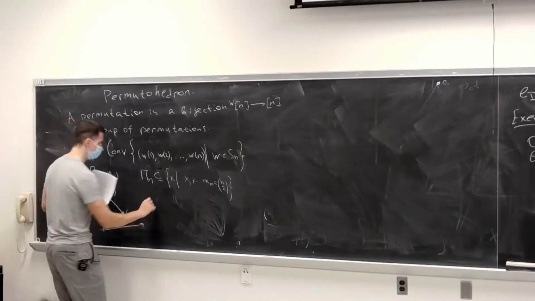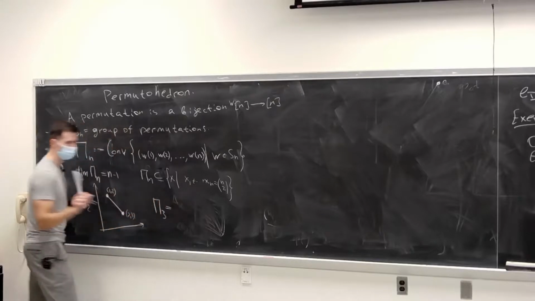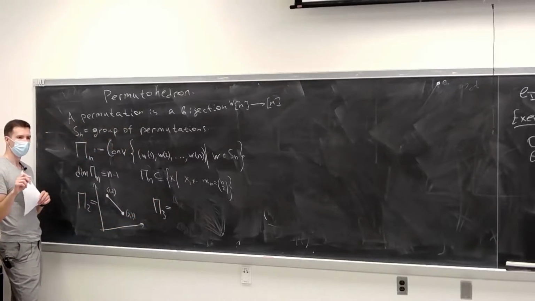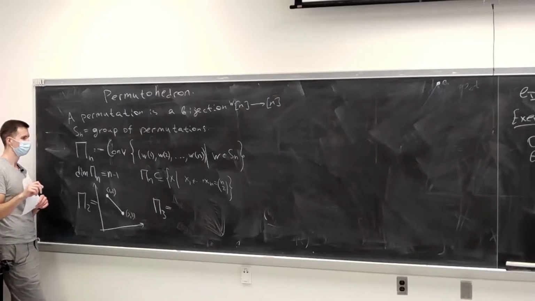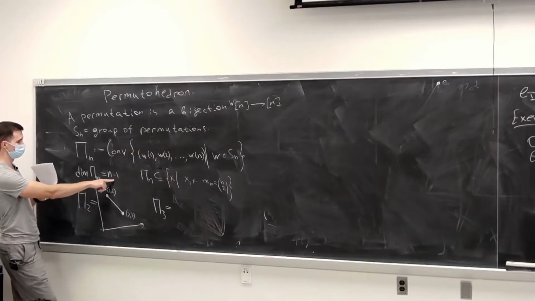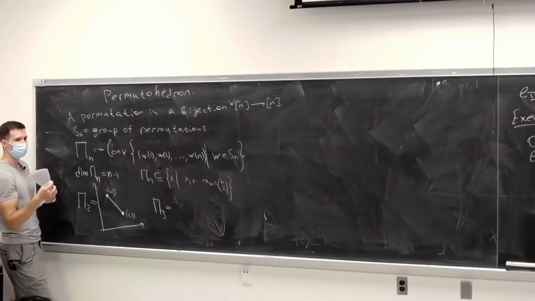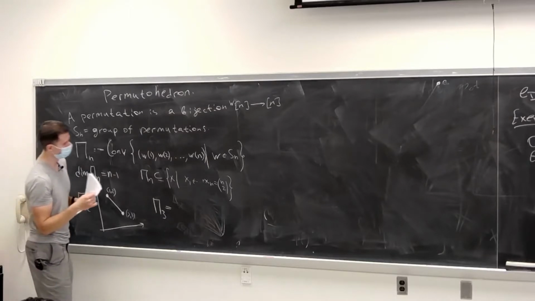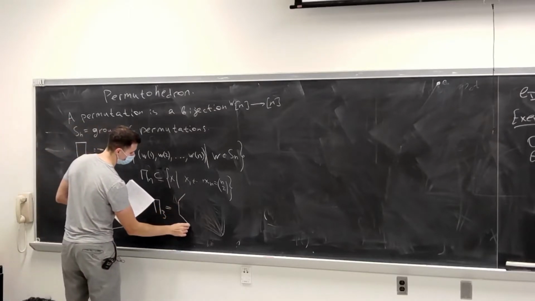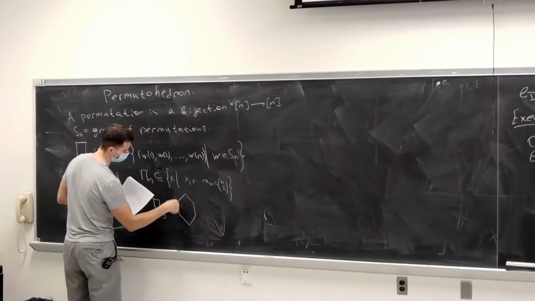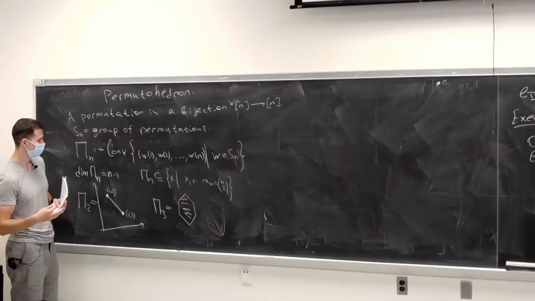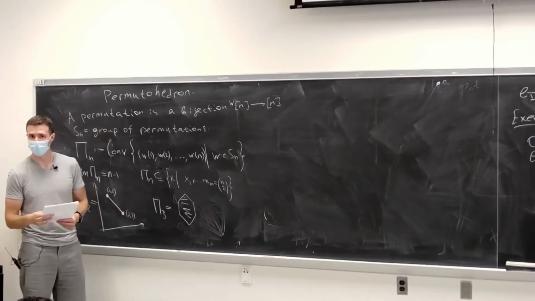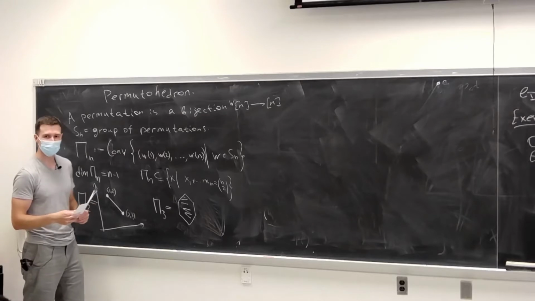All right, what is Π_3? Octahedron. No, hold on, it should have dimension 2. Well, if you try to draw an octahedron like this, without the extra stuff in between, it's a hexagon. Why is it a hexagon?